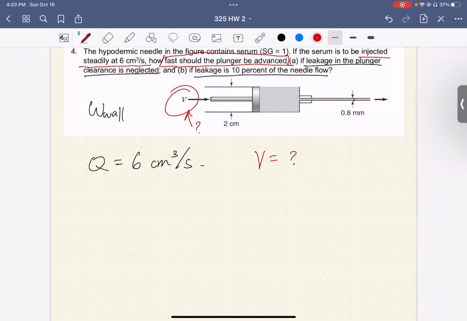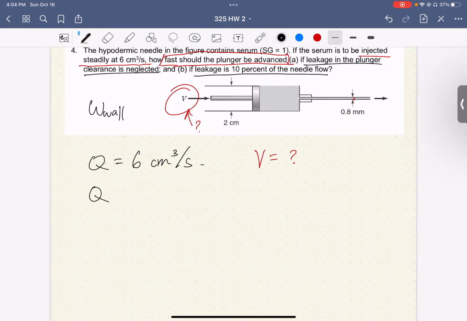We know how much fluid is actually leaving this needle. That means let's write out our expression for Q. In this case, it's injected steadily, so we can just use our average velocity.